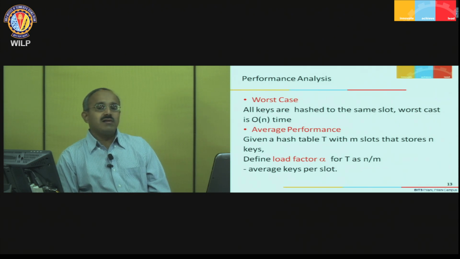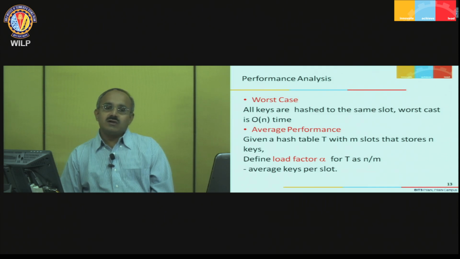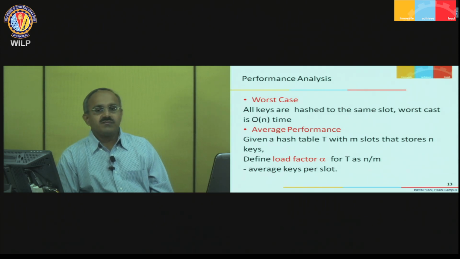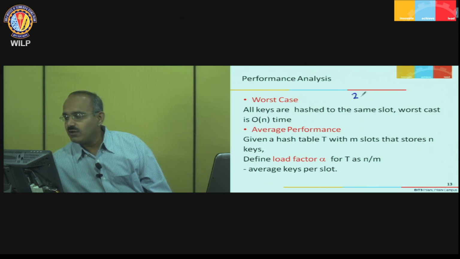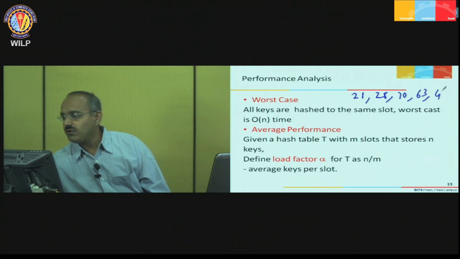For example, if all my elements were multiples of 7 and you were doing modulo operation 7, then all elements would be mapped to the same slot, which is 0. For example, I am looking at keys like say 21, 28, 70, 63, 42, and I am doing operations modulo 7.